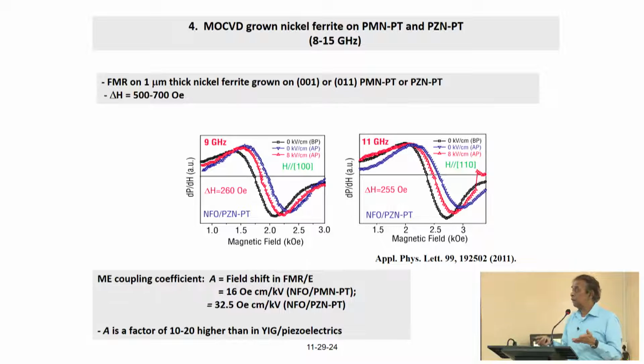So ultimately the thickness of the film is only 1 micron, and what is shown here is the FMR profile for the film as a function of the electric field applied to a bilayer of this film with PMN-PT.